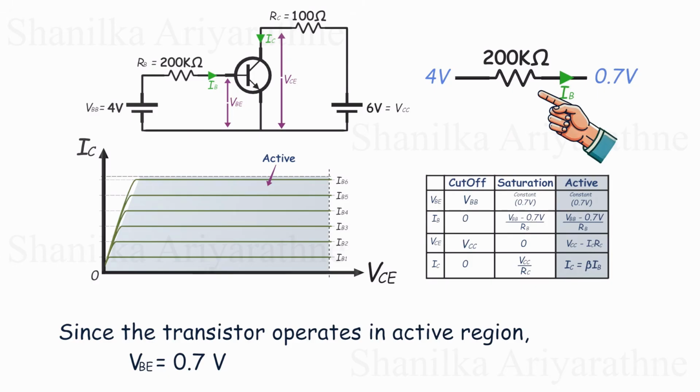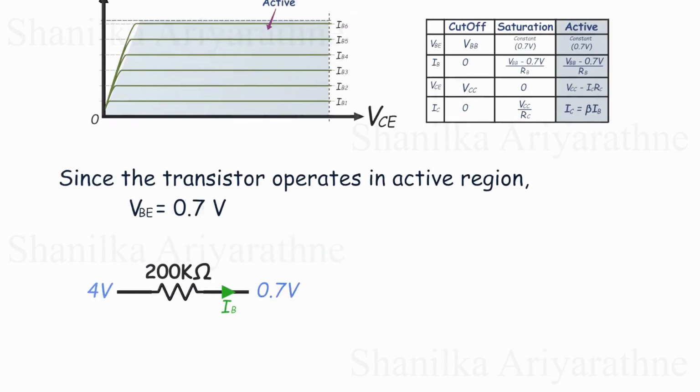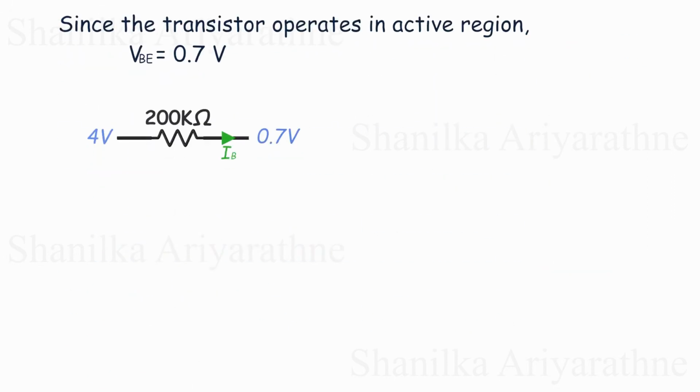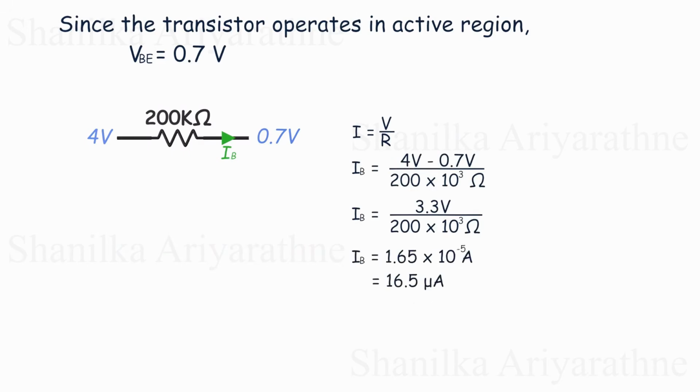That means we can calculate the voltage across the resistor, 3.3 volts. And since we know the resistance, we can use Ohm's law. IB equals V divided by R. That's 3.3 volts divided by 200 kilo ohms, which comes out to 16.5 microamps. So the base current IB is 16.5 microamps. Simple, right? Just Ohm's law in action.